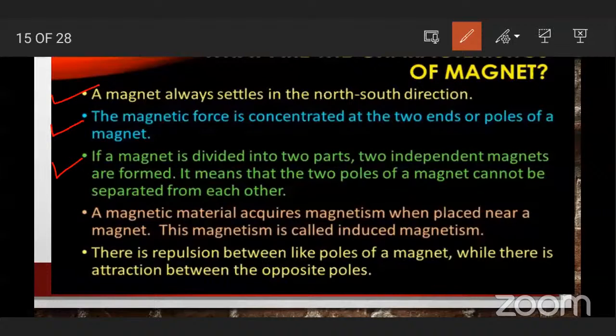It means that the two poles of a magnet cannot be separated from each other. Okay. Next, a magnetic material acquires magnetism when placed near a magnet. This magnetism is called induced magnetism. Next, there is repulsion between like poles of a magnet while there is attraction between opposite poles. These are the characteristics of a magnet.